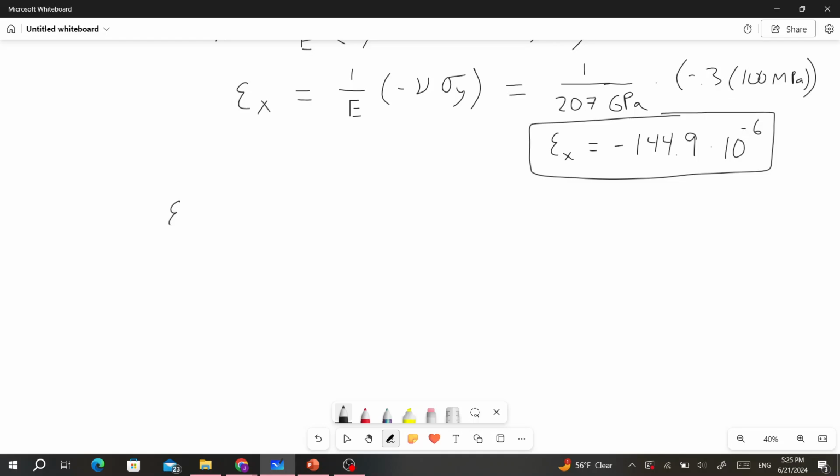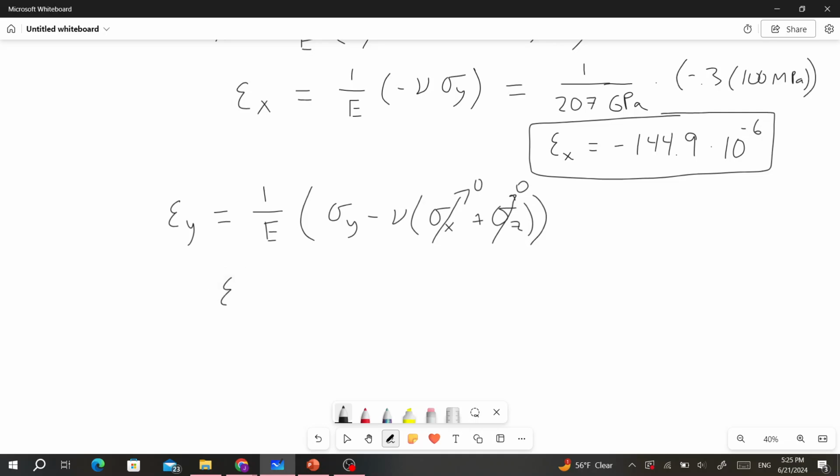And so again, using generalized Hooke's equation, we have epsilon y is equal to 1 over E times sigma y minus nu times sigma x plus sigma z. And here we know that sigma x is 0, we know that sigma z is 0.